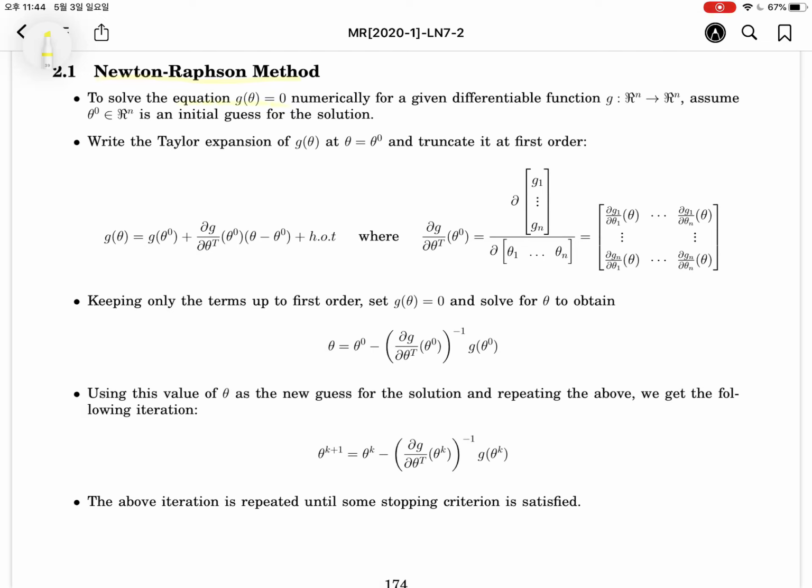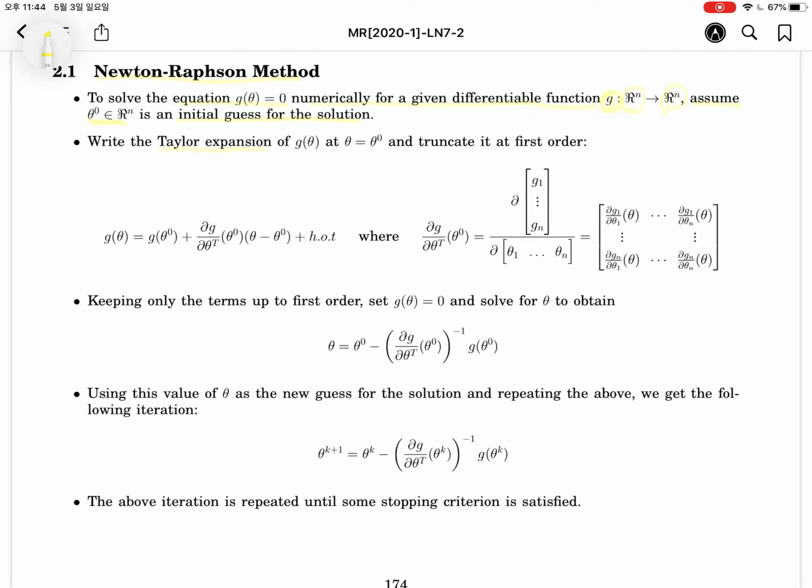To solve the equation g(theta) = 0 numerically for a given differentiable function, where g maps from R^n to R^n, assume an initial guess theta 0 as the starting point of the iterative method.